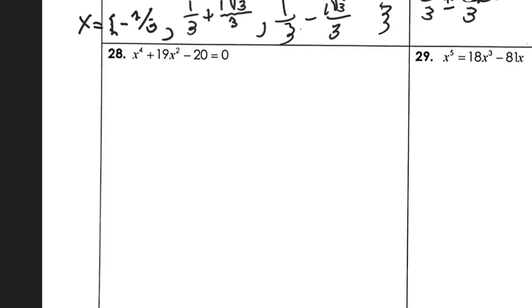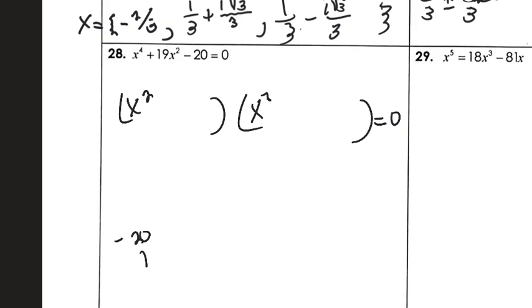All right. This one is going to be, I think, x squared times x squared is x to the 4th. What 2 numbers for negative 20? 4 times 5, with one of them being negative. Oh, how about 1 times 20? That's negative 20, or negative 1 times 20.